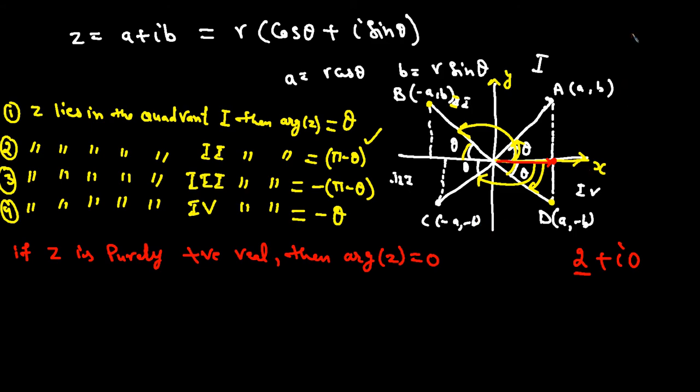Okay, so let me write it here. So x-axis, y-axis, our complex number is 2, which can be written as 2 plus i0. So how can we represent this on the complex plane? The first number, the real value, is the value along the x-axis. Let's say 1, 2, so it is here. What is the value of b, the imaginary part? It's not there, just 0.